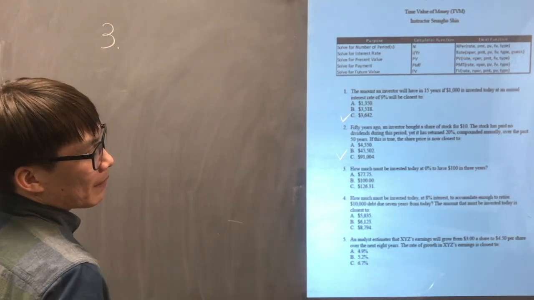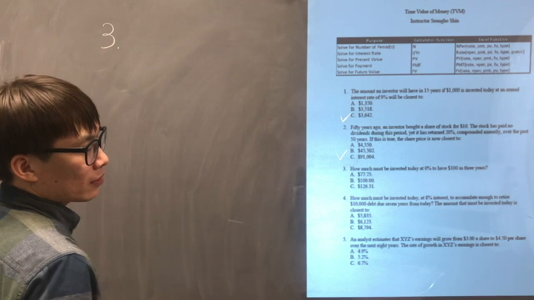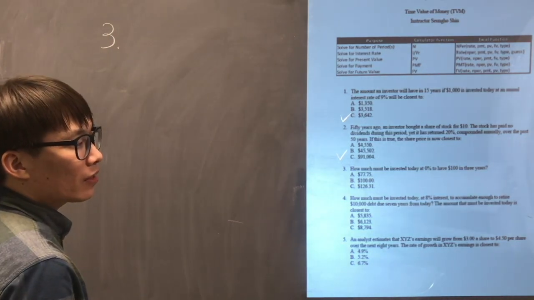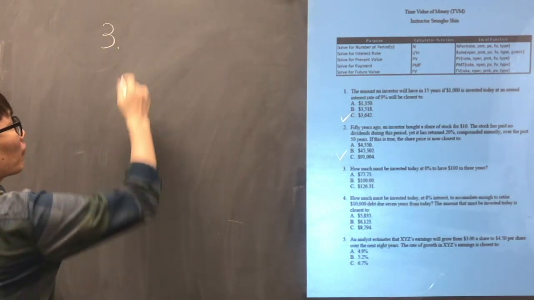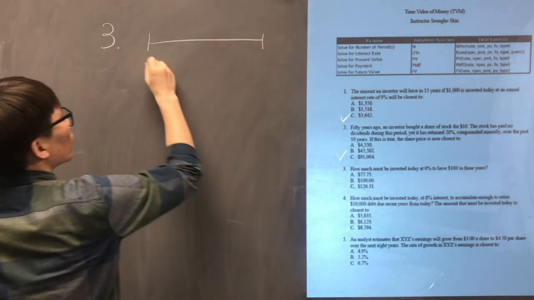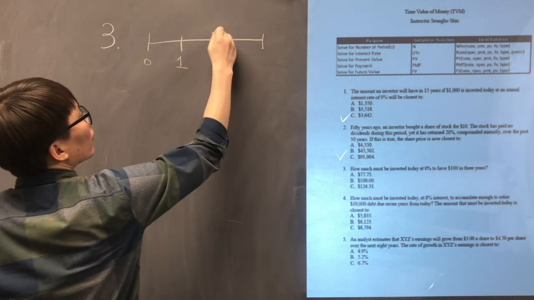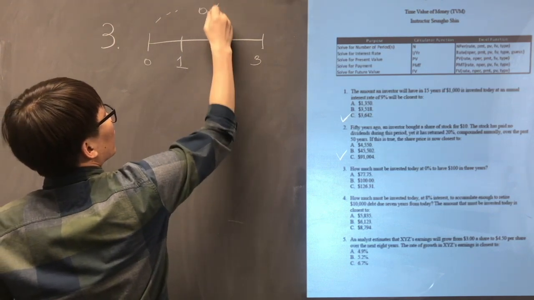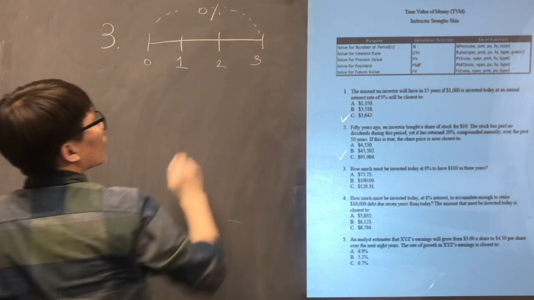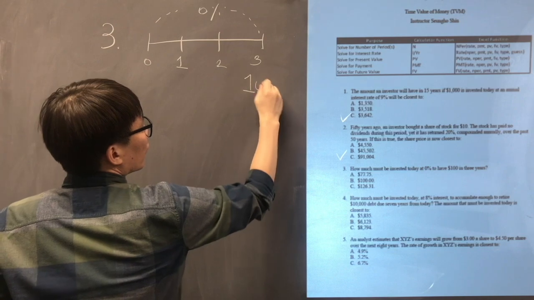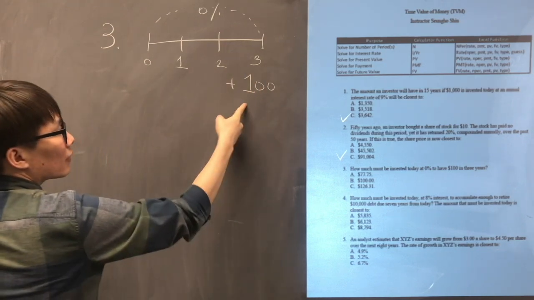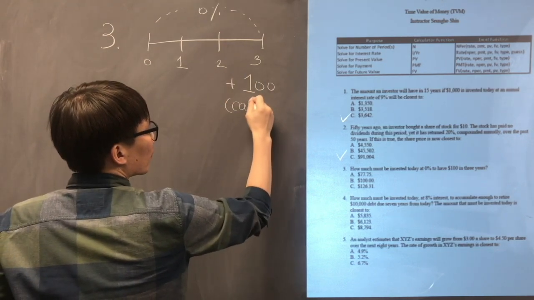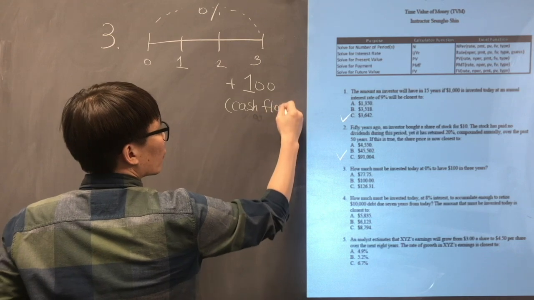How much must be invested today at 0% to have $100 in 3 years? Draw the timeline first. So 0, 1, 2, 3, 0 interest, and you will get 100. You will get 100 means a cash inflow.